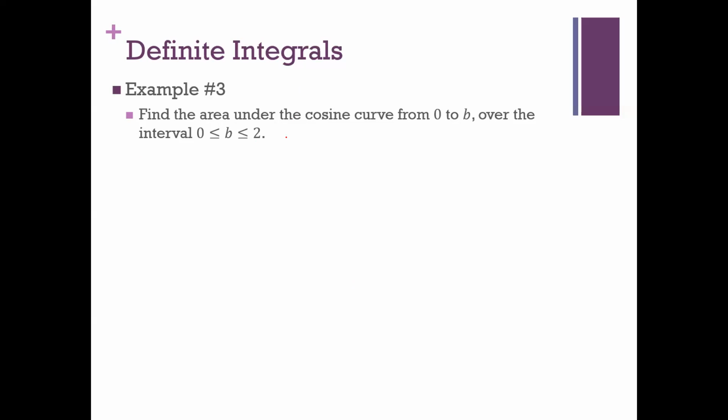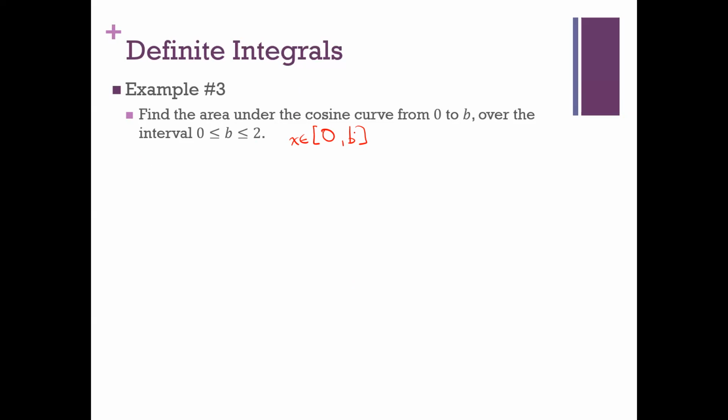So what are the things we need to know to set this integral up? Yeah, so what's the interval? Not really 0 to 2, because really I don't want to find that full area. I want it to vary. I want to have some control over where that interval is.